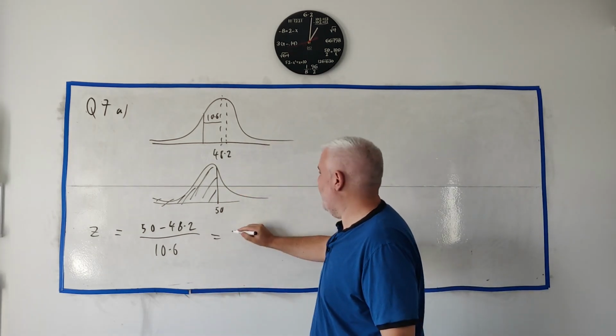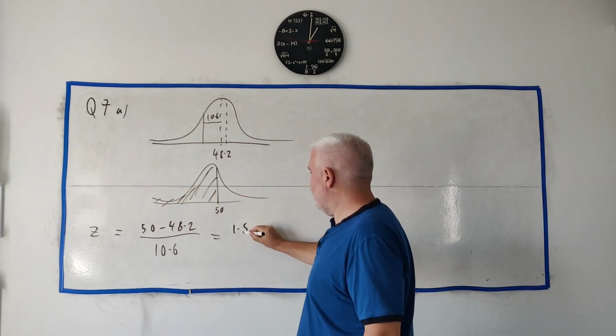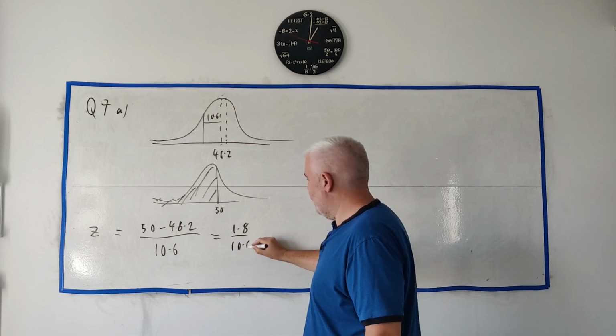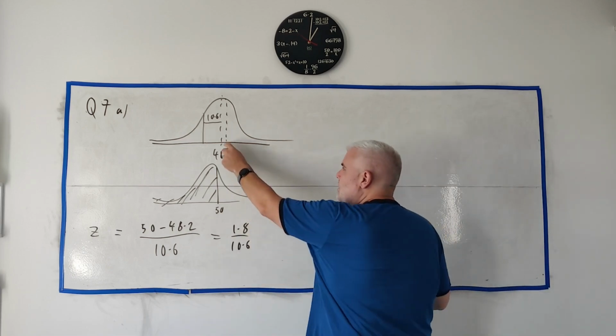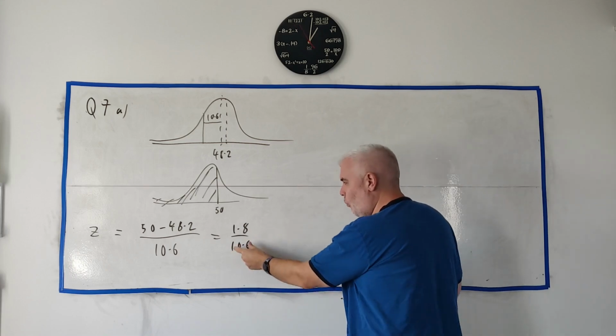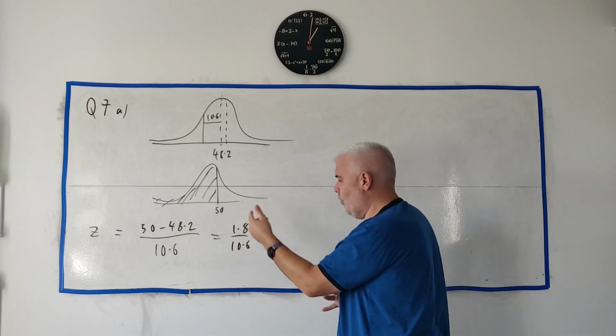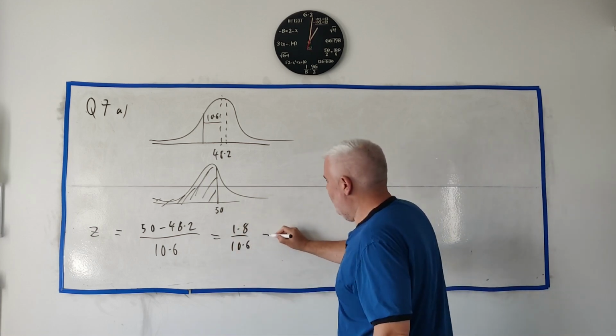So on the top here we get, just double check here, 1.8, the bottom 10.6. So we're 1.8 years away from the middle. But how many standard deviations? Is it one standard deviation? That'd be 10.6. Is it half of it? Is it a quarter, a fifth, an eighth?